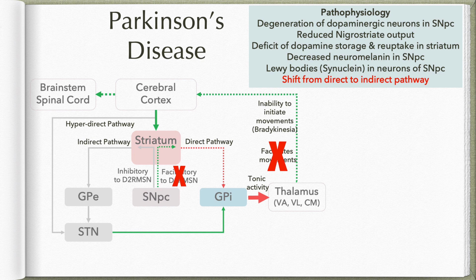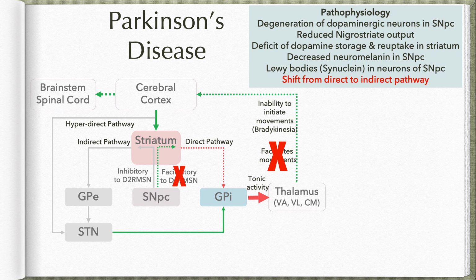If you take a section of the midbrain at autopsy, we will also find that the substantia nigra pars compacta will show decreased neuromelanin quantity, and whatever remaining neurons will be there, they will show a collection of a wrongly packed protein known as synuclein protein, forming eosinophilic collections within the cell known as Lewy bodies. So these are the features which are seen in the section of midbrain substantia nigra pars compacta. And what is the overall effect?